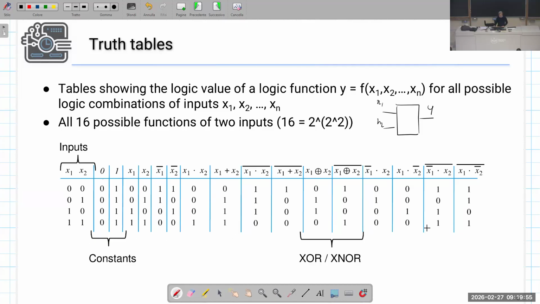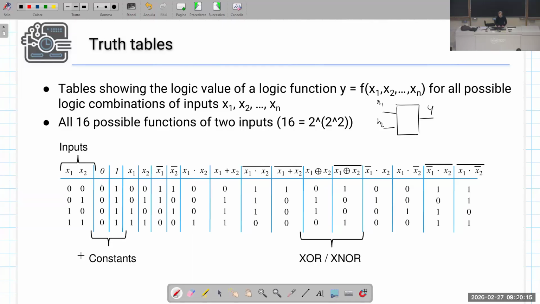If we want to find out all the possible combinational functions, we have to consider all the possible combinations of these four values, and these combinations are 2 to the power of 4.